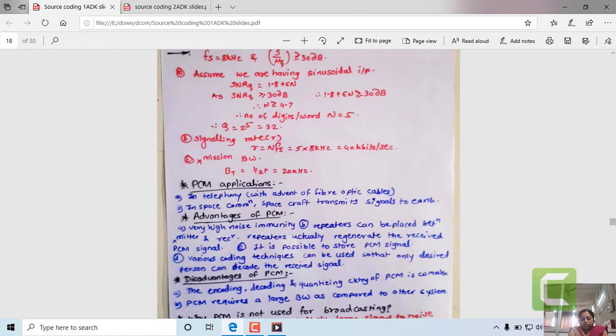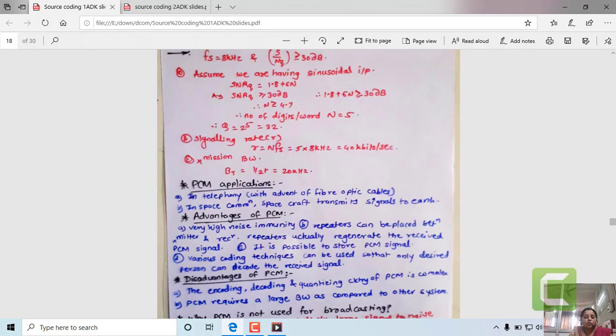Also, on the channel of the PCM system there are repeaters or regenerative repeaters, because of which signal degradation over longer distances is avoided. PCM is nothing but a digital bit representation of the information, and that's why its storage is also possible.